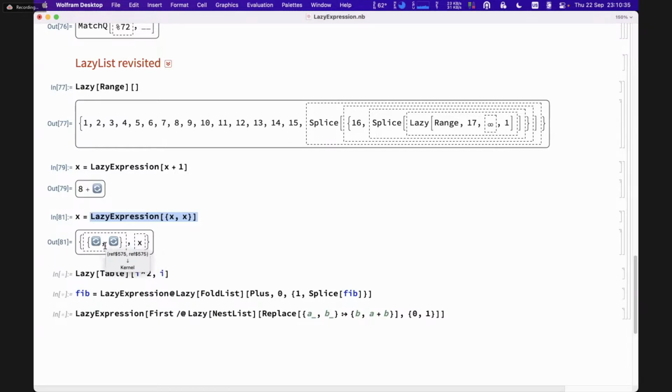Well, there are references, but there's nothing to evaluate. It evaluates this without resolving these self-references, so it's not doing anything. But I can resolve any of those, or both of them together.